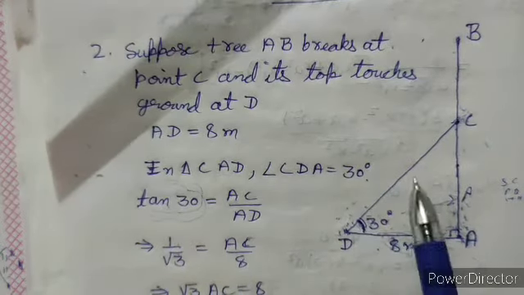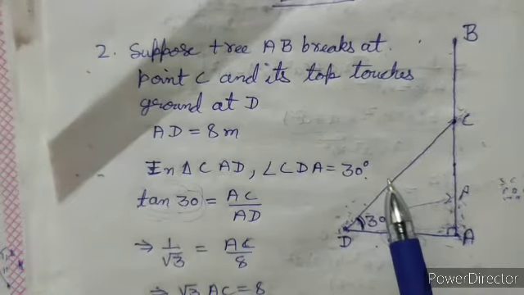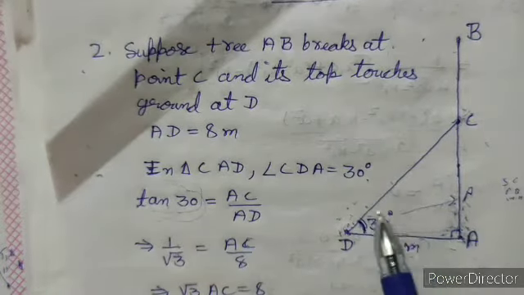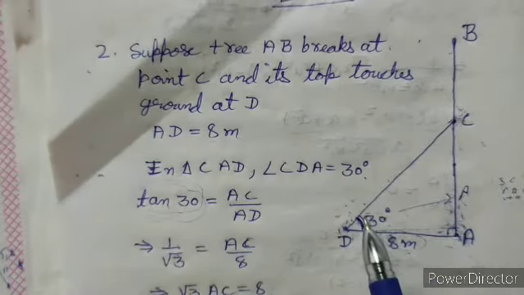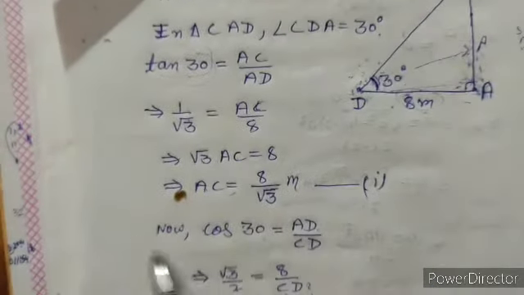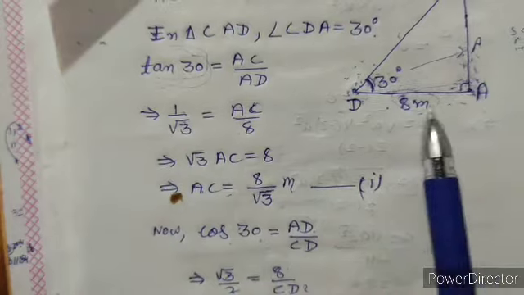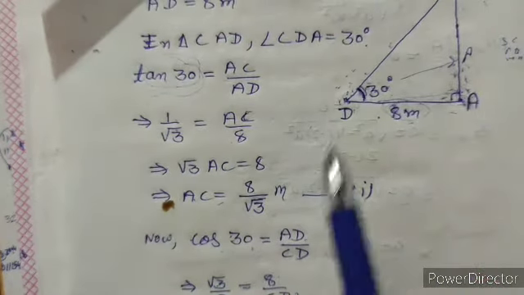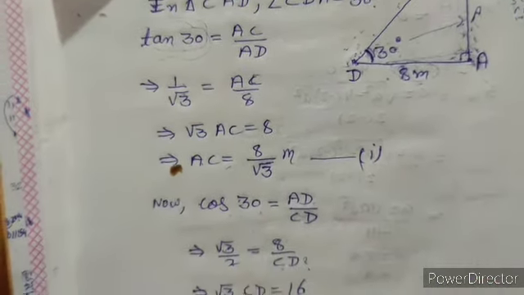And we know that base and hypotenuse, cos 30 degree will be equal to base upon hypotenuse. So cos 30 will be base, that is AD, upon hypotenuse CD.